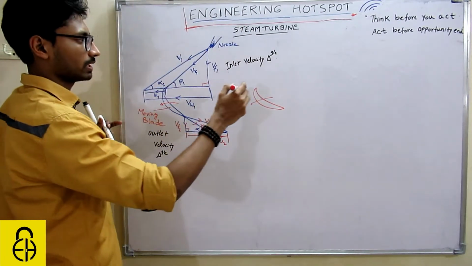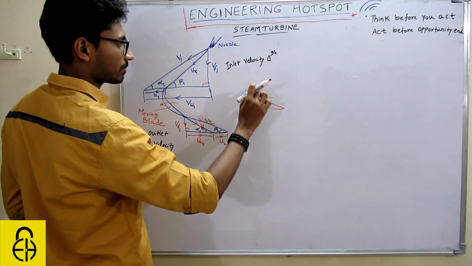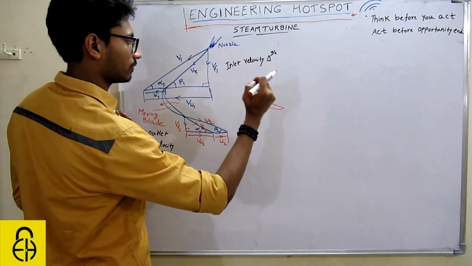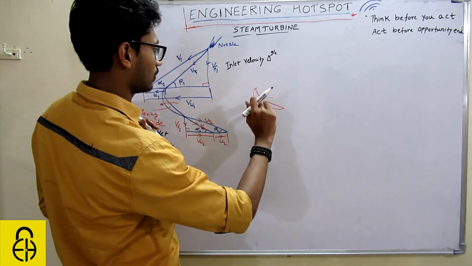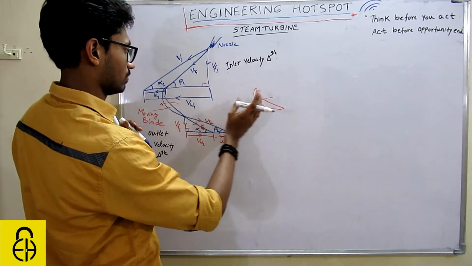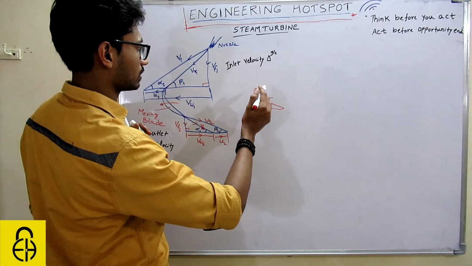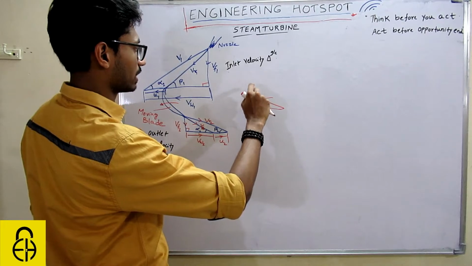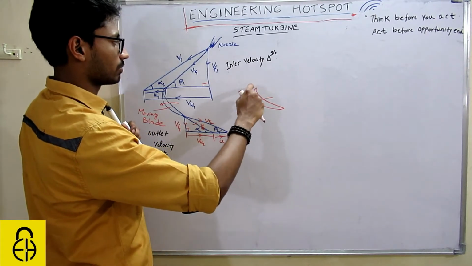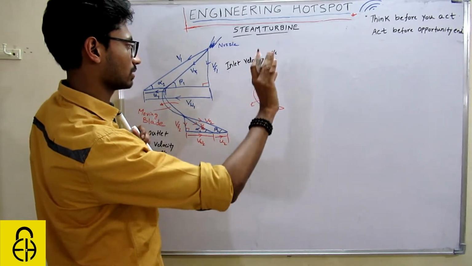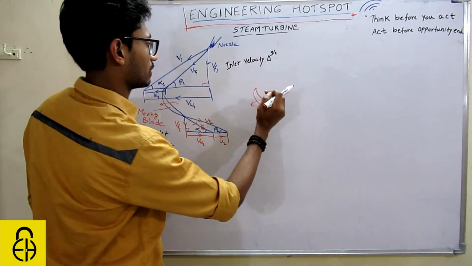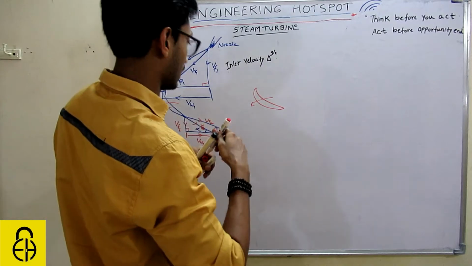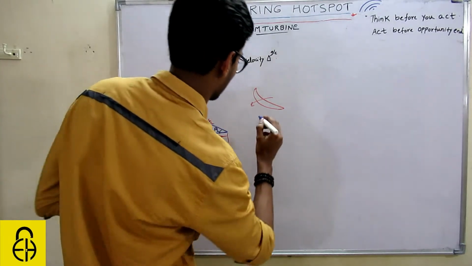Since the motion of the blade is opposite to the direction of the flow, this is actually a diagram for a backward curved blade.